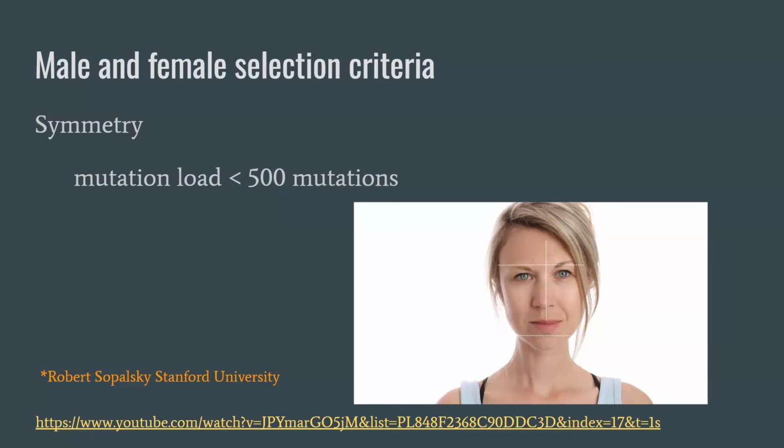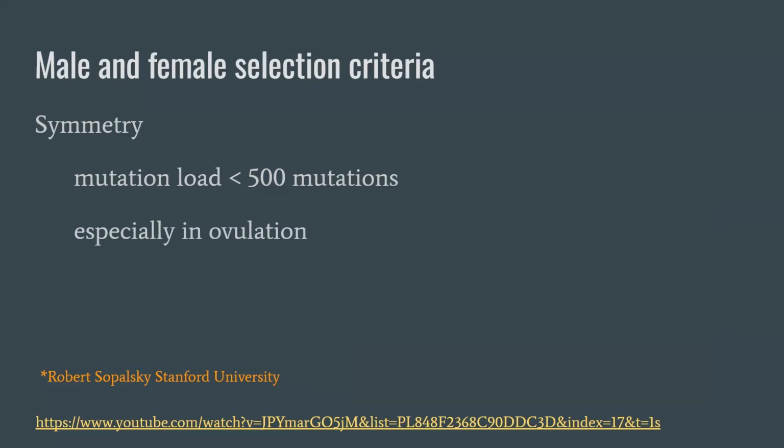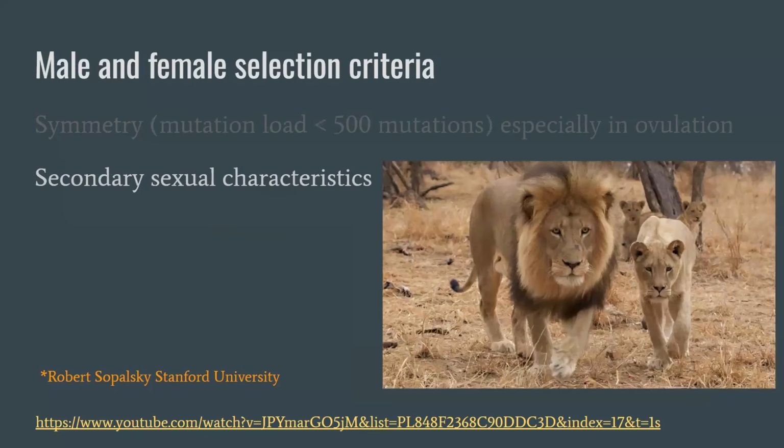Okay, so it's visible. So somebody can look at you and actually determine whether you have a high mutation load or a low mutation load. And that's something you want to know if you're selecting a mate. It's especially obvious to women when they're ovulating. So they're very careful about selecting for symmetry.